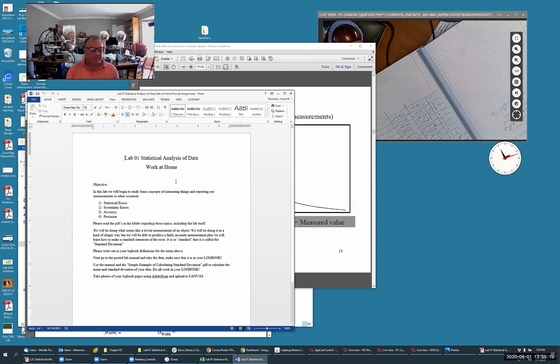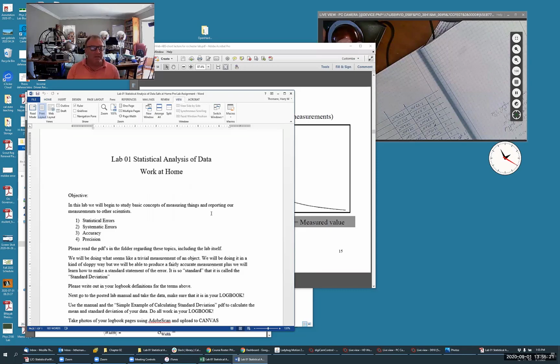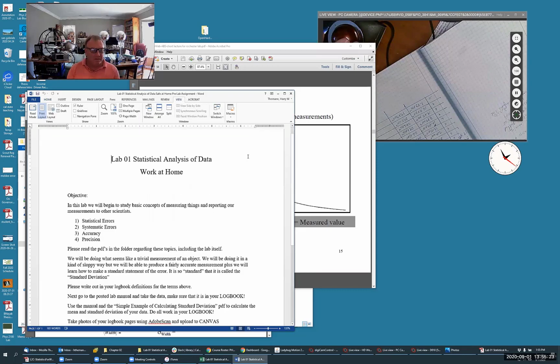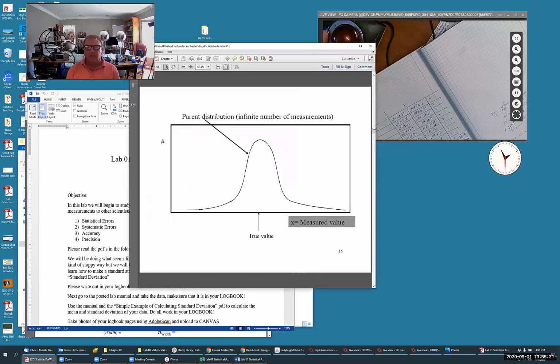So we had some terms to define: statistical and systematic errors. So, for example, they showed what's called a counting experiment.